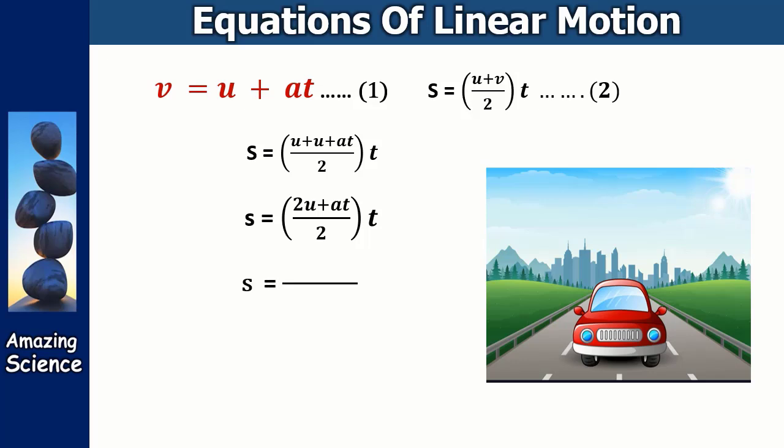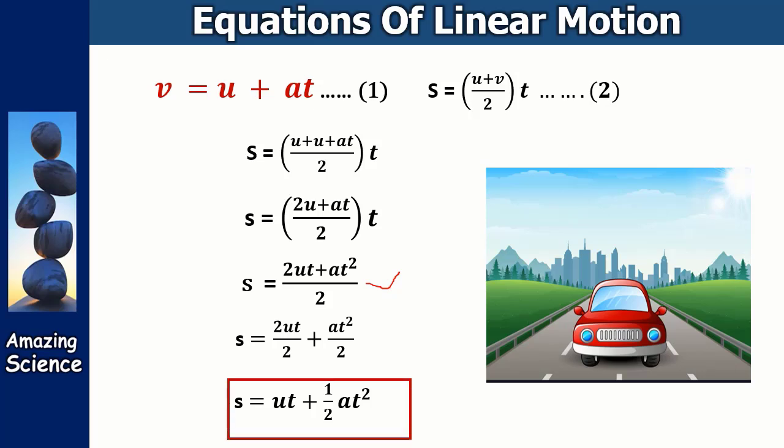Then expanding the bracket will give us 2ut plus at squared all divided by 2. Mathematically, we can divide this single fraction 2ut plus at squared divided by 2 into two fractions. That is, s is going to give us 2ut divided by 2 plus at squared divided by 2. And so by simplifying this, we are going to get s is equal to ut plus half at squared. And this is the next equation of motion. So let's call it equation 3.